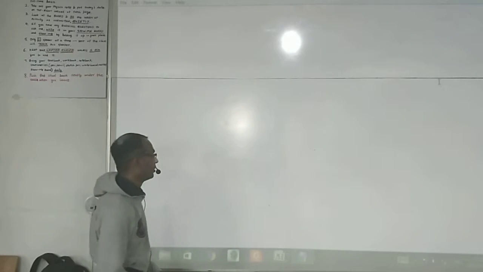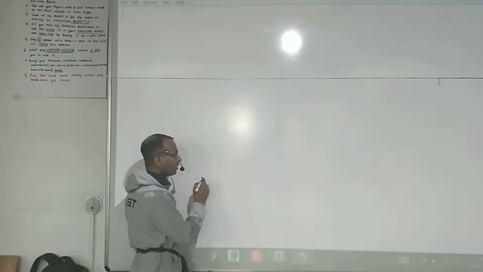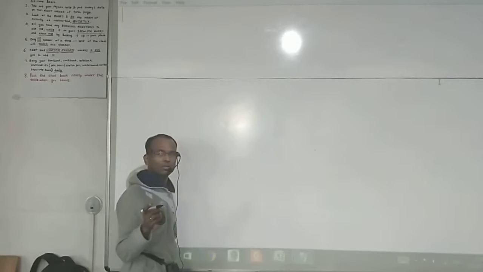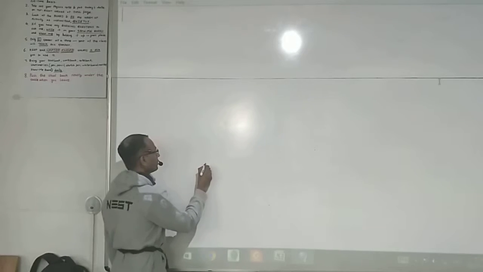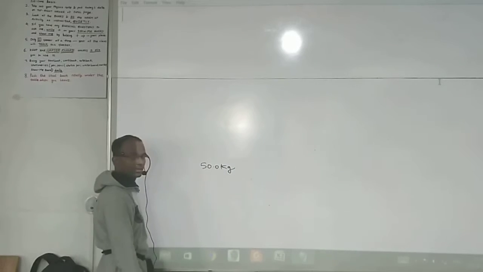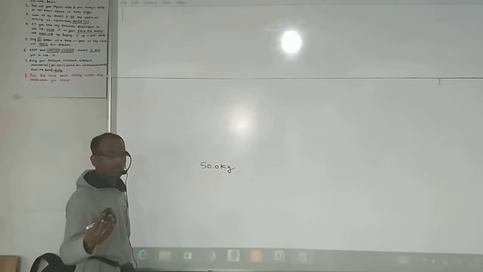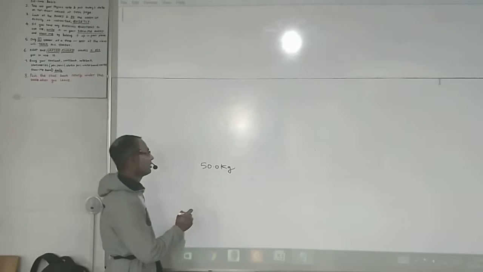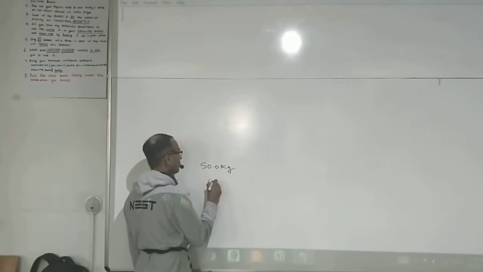Vedant, right? So suppose the actual mass is 50.0 kg. This is a true value, let us say. And the person stands on the weighing machine and it always gives 60.0 kg.